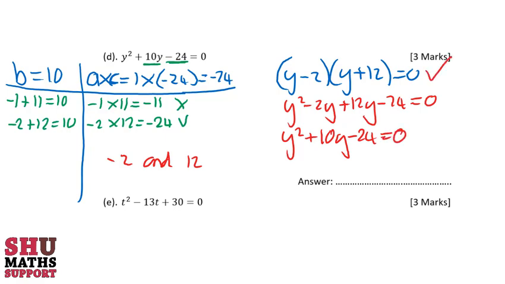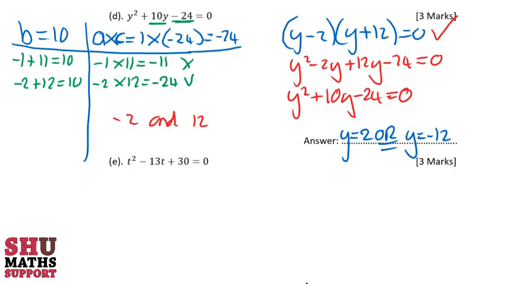So we know our factorisation is correct. Next, if we have y minus 2 times y plus 12, then we know that y is equal to 2, which would make the equation 0, or y is equal to minus 12, which would also make the equation equal to 0. So we'll move on to the next example.